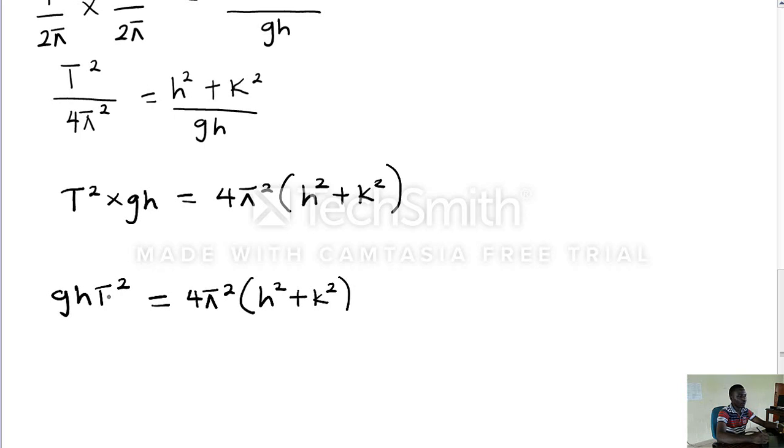So what I'm going to do is, since g appears just once, I'm going to divide both sides by ht squared, so that we equally move it to the other side of the equation.